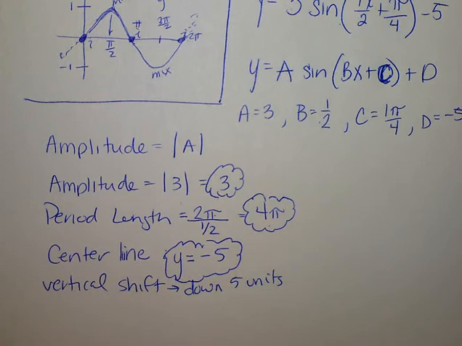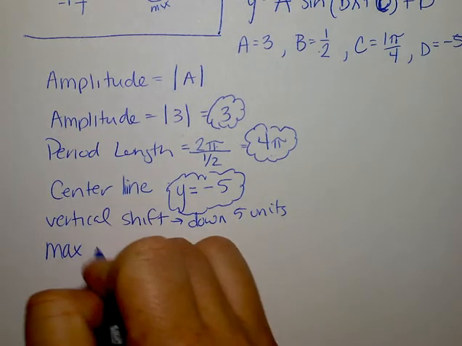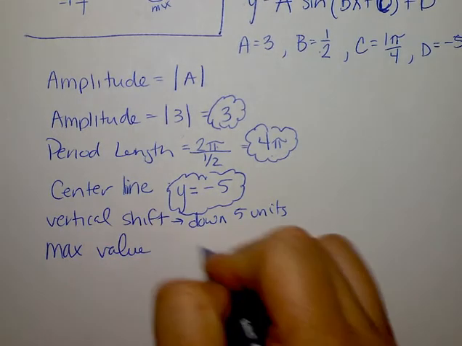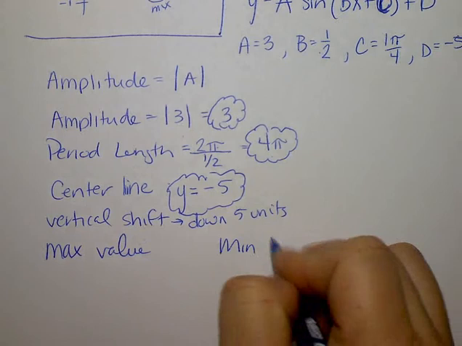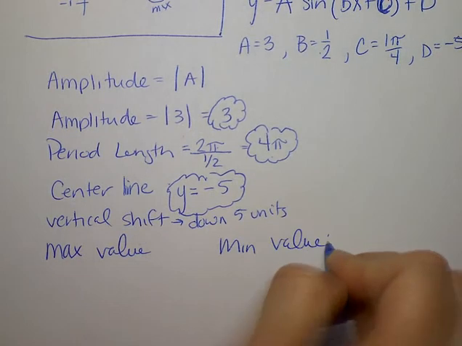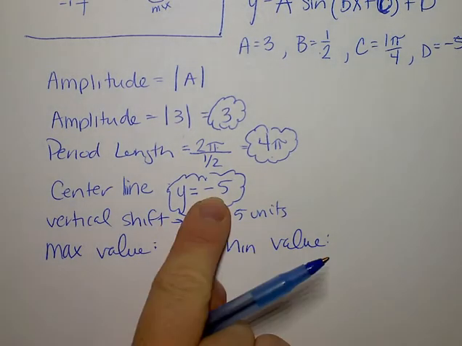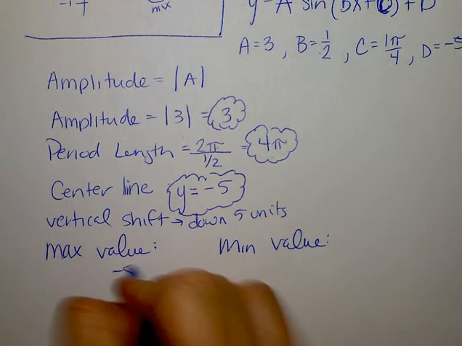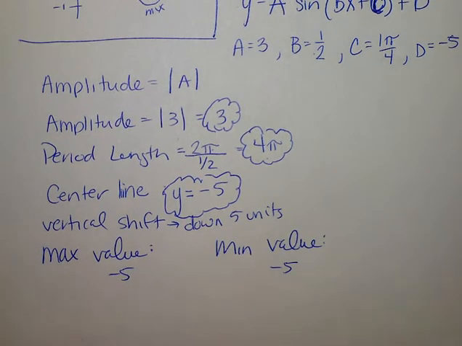All right, the next thing is going to be the maximum value and the minimum value. Take whatever this number is here, -5, write it underneath each, please. And we are going to add and subtract the amplitude.